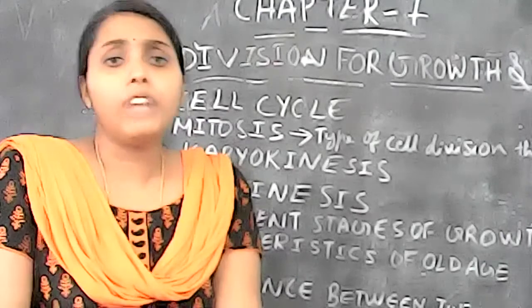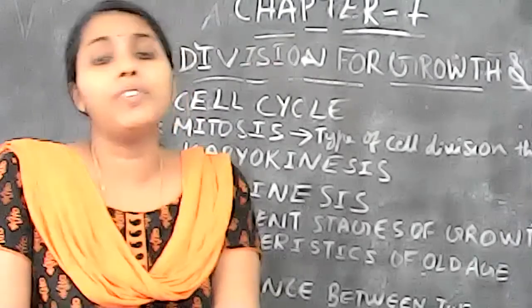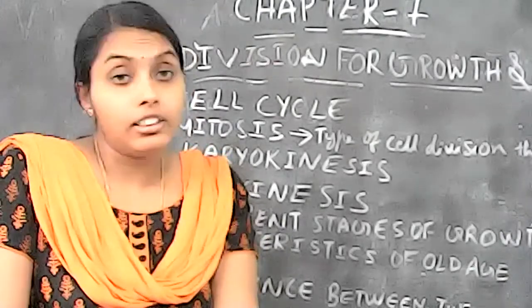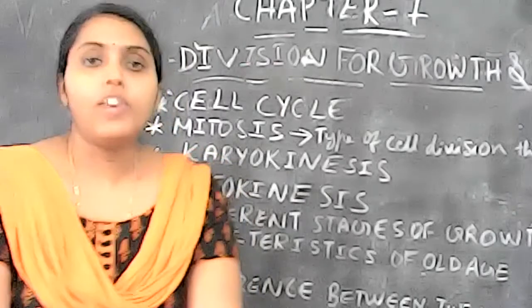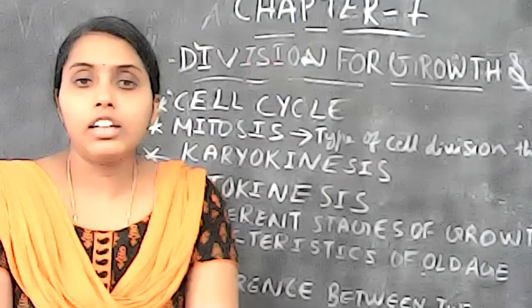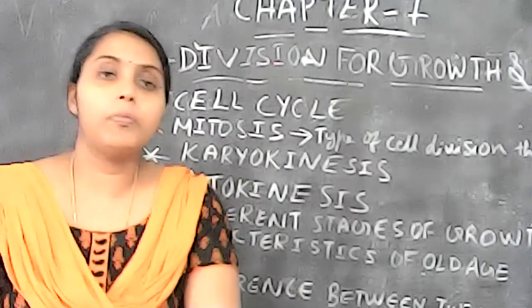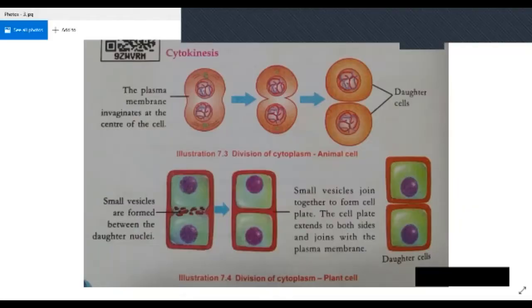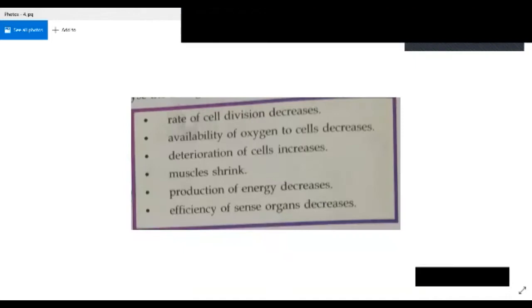Okay, so we are starting from the zygote, and when we reach the old age, what happened to our cell division? You can see that. What are the points coming under the old age? During the old age, what happens? Rate of cell division decreases.